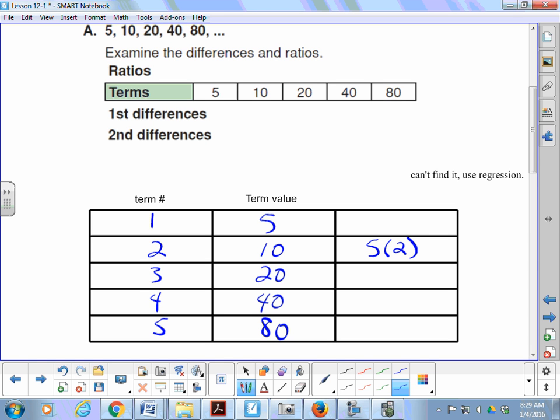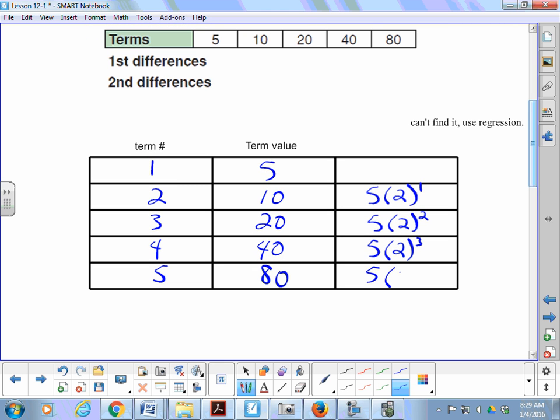So if I multiplied by 2 once to get 10, I'm going to multiply by 2 twice to get 20, right? Because I'm multiplying by 2 again. So then to get 40, what would I do? All right, so I'm going to multiply by 2 another time, which means I'm going to multiply by 2 to the third power. And then multiply by 2 to the fourth power.